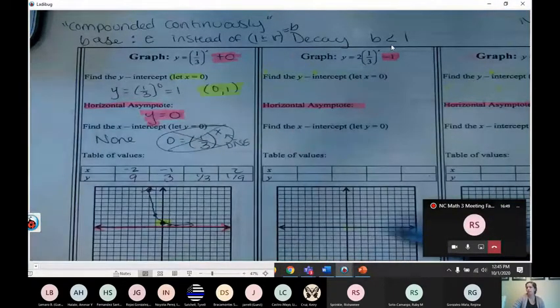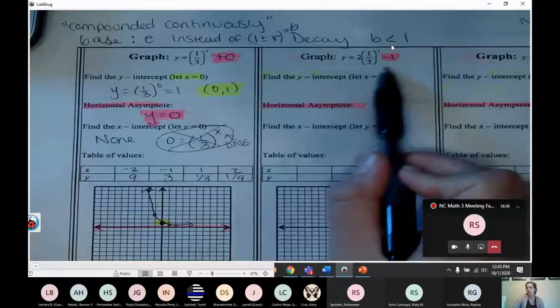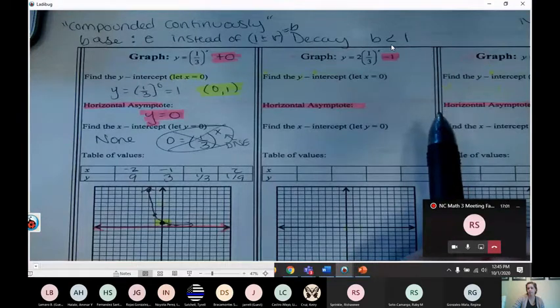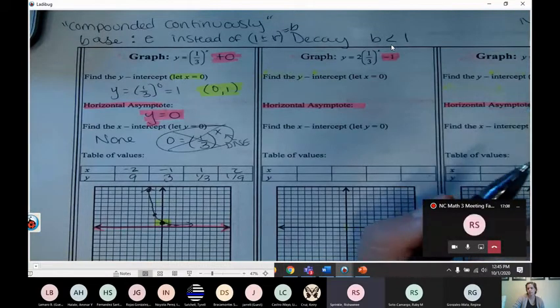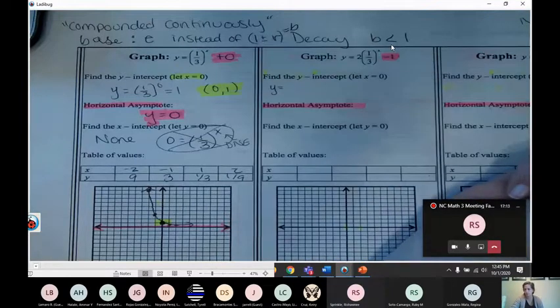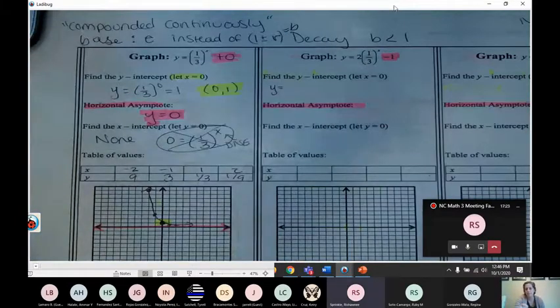So for the y-intercept, we switch our x to be 0. So how am I going to rewrite this equation with a 0 in it instead? What would I write? Y equals. Good. What's next? The 2.